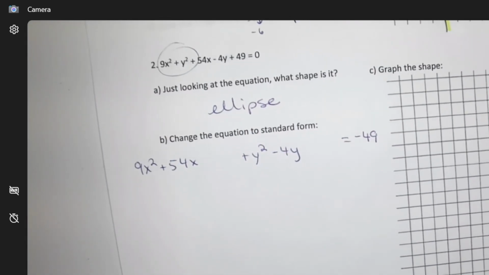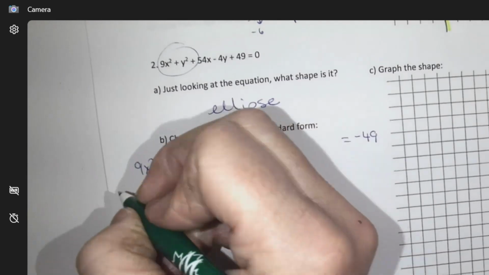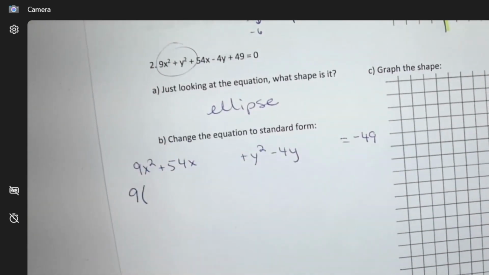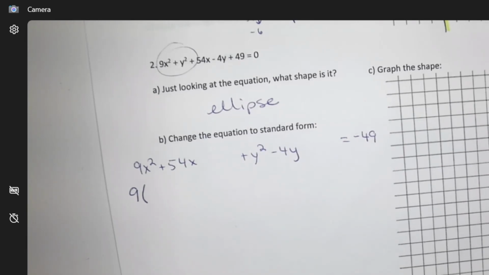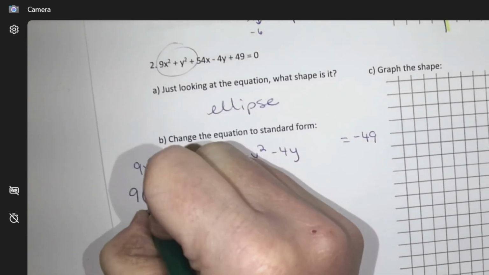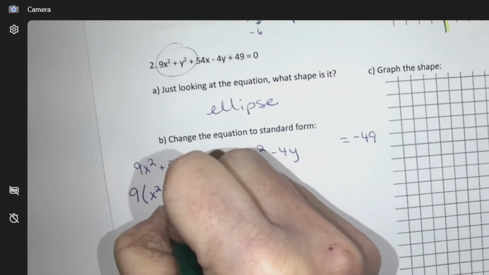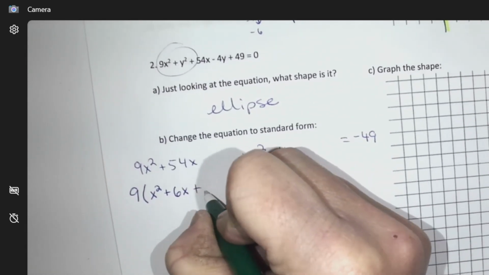Okay, this one has an extra step versus the last time. So the extra step on this one is that 9 has to be GCF'd out. So x squared plus 6x plus blank.